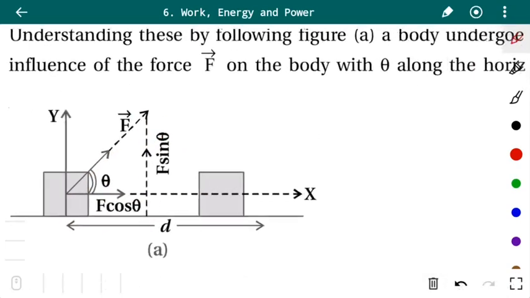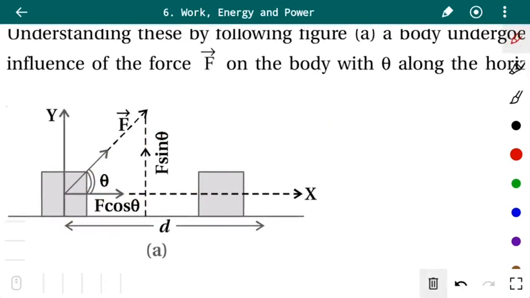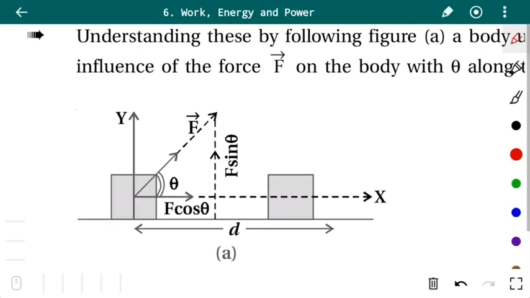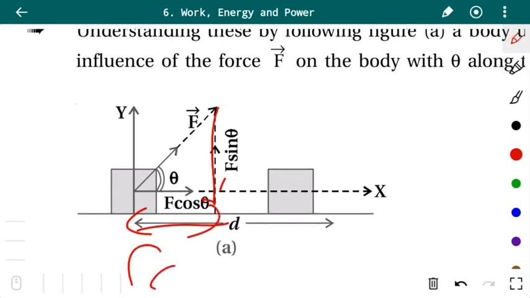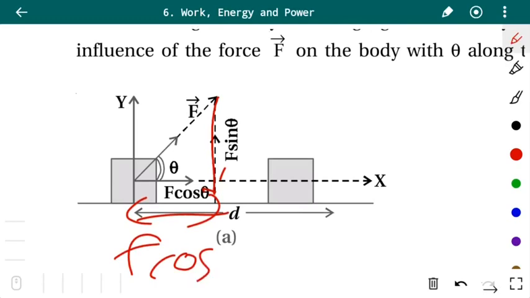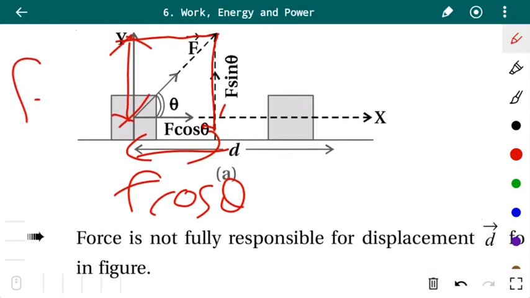So when we take the projection of force on the displacement, that becomes F cos theta, and if we take the projection of force on the y-axis, that becomes F sin theta.